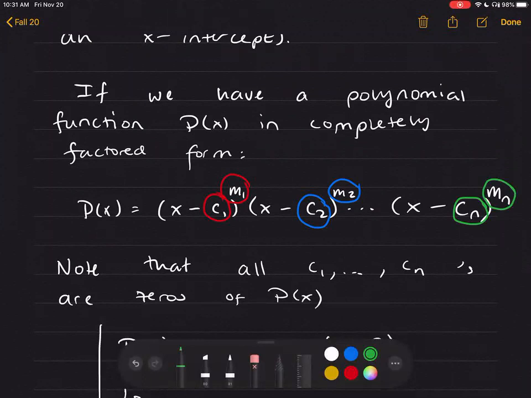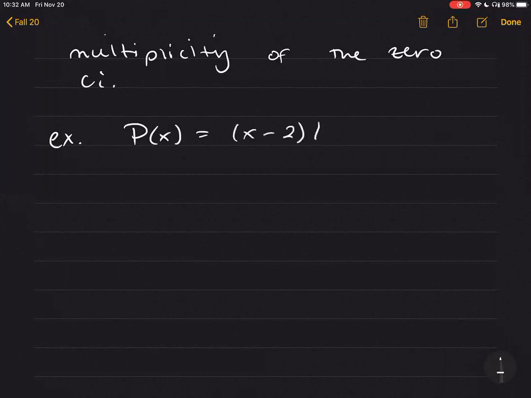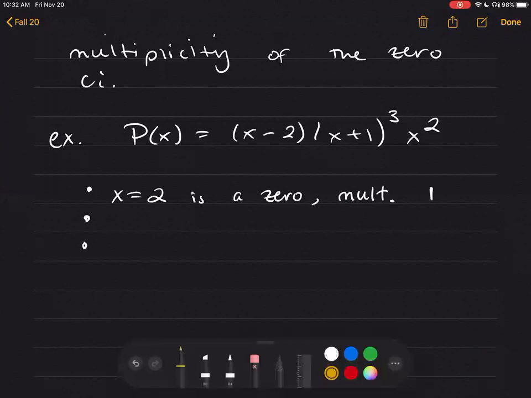All right. Again, so we can see this in concrete detail, let's do p of x equals x minus 2, x plus 1, let's make that one cubed, and let's put an x squared out here. Right away, since it's already in factored form, this first x minus 2 gives us a zero at x equals 2. And the multiplicity, which I'll just abbreviate, is multiplicity 1, because secretly there's a hidden 1 up here.